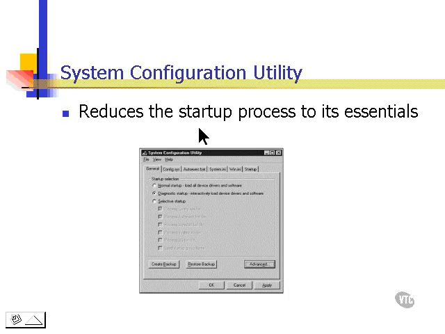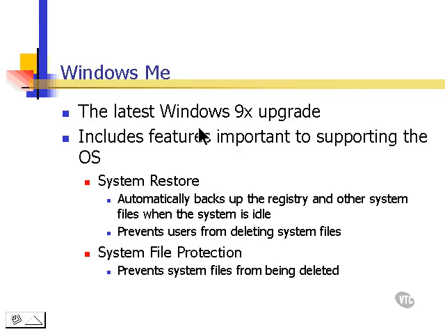In Windows Millennium Edition, which is the latest Windows 9X upgrade, we have features called System Restore and System File Protection. System Restore automatically backs up the registry and the other system files when the system is idle, and it also prevents users from deleting system files.